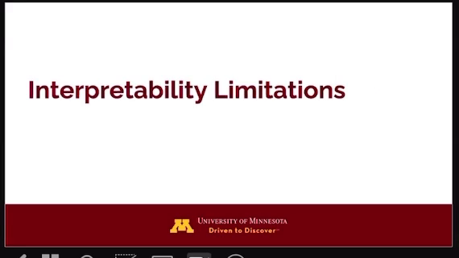Now, I want to talk about the interpretability limitations. The other time I said that we want to produce principal components, even though we still have information retained from the original variables. Each principal component is still going to be a linear combination of the original variables.